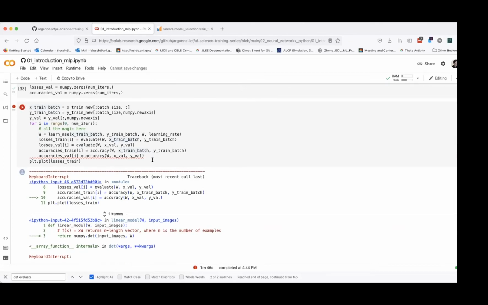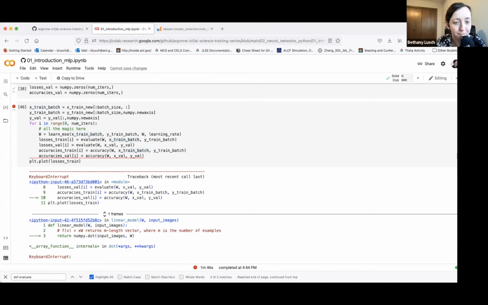Someone in the Zoom chat figured out why it was taking so long. Looks like you weren't batching the validation set. Saying it all at once. Thank you. Yes. This is much faster before because we were doing just this small amount of the training data, but I'm using all of the validation data, so it's taking longer.